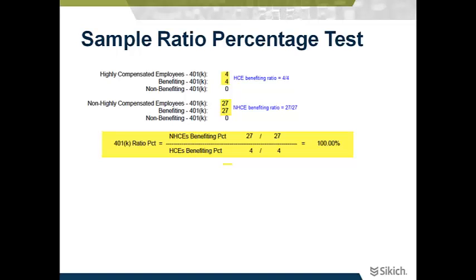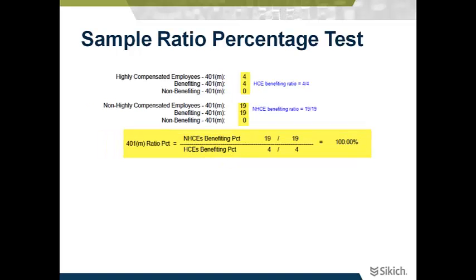And so the 401k component passes. And for the 401m component, which would be the match, it passes as well. Again, the ratio percentage is 100%. We took the non-highly compensated benefiting ratio and divided it by the highly compensated benefiting ratio.